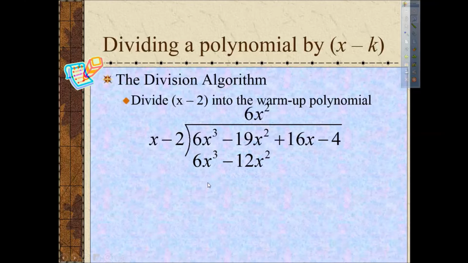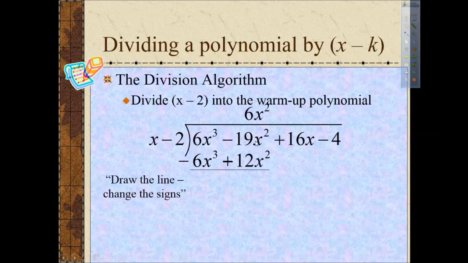Now, when I draw the line, I change the signs. I use that little rhyme to help me remember and not get my signs all mixed up. I'm going to draw the line and I'm going to change both signs. This is going to become a negative 6x cubed and a positive 12x squared. If I now do addition, because addition is a lot easier to think of than subtraction, 6x cubed and negative 6x cubed add up to 0.